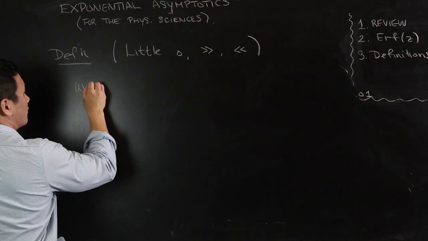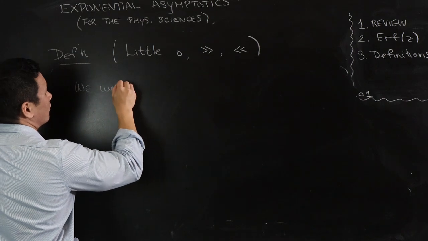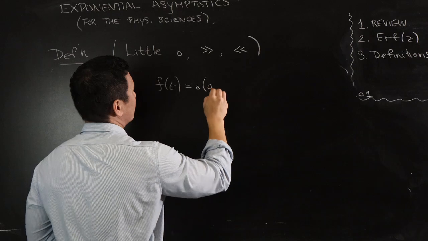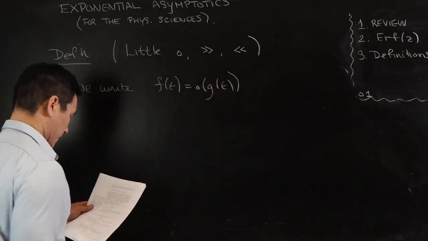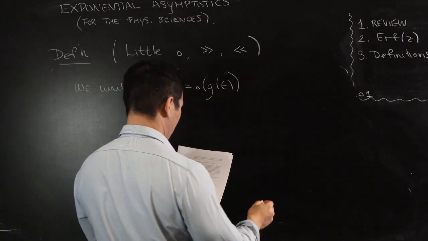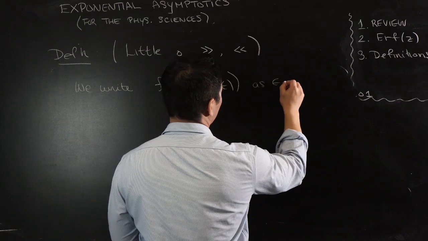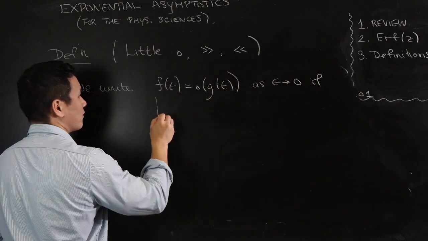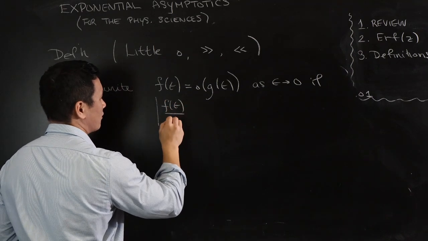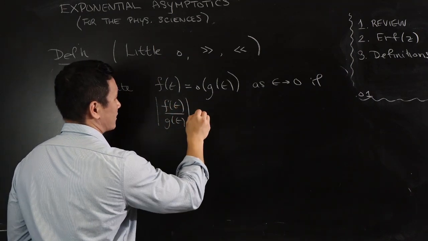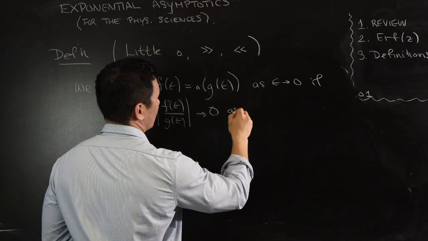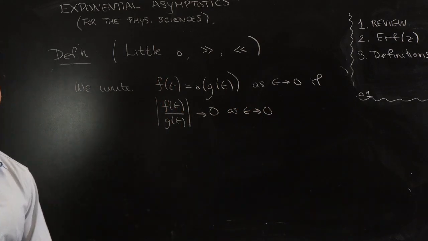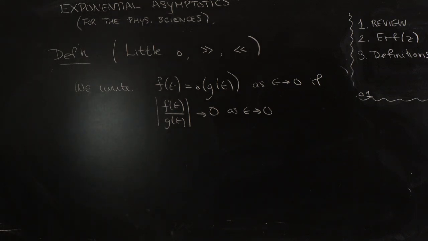We write that f of epsilon is little o of g of epsilon as epsilon goes to 0 if the ratio of f of epsilon to g of epsilon tends to 0 in that limit. So the numerator goes to 0 much faster than the denominator.